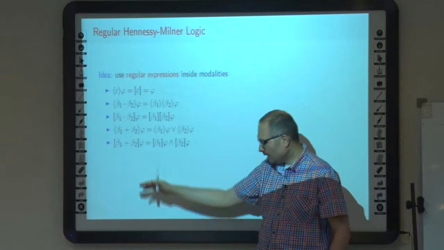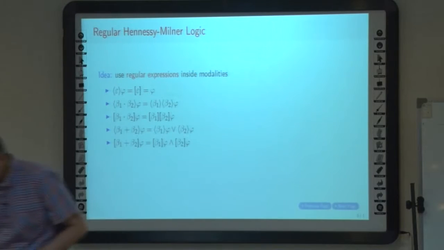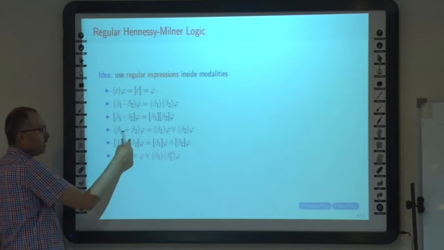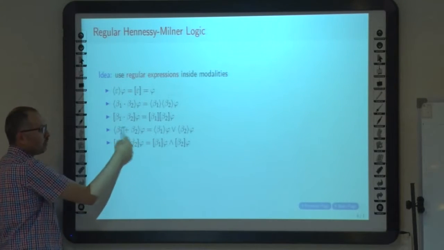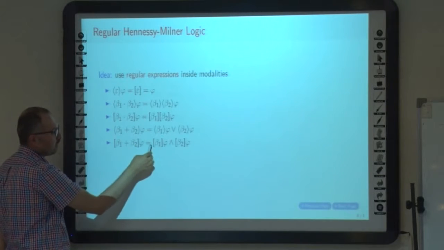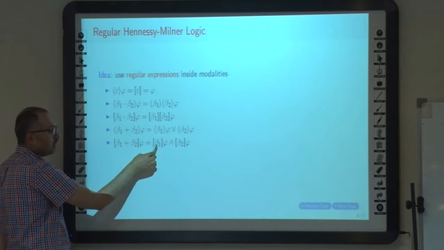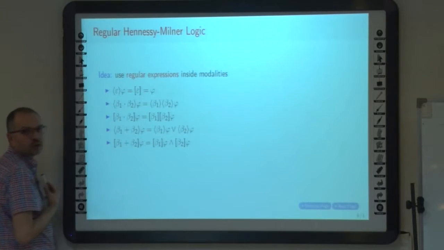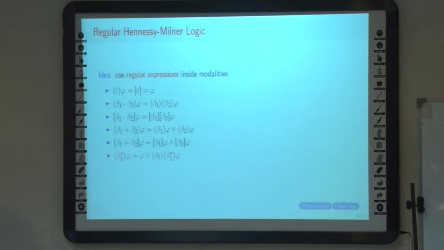And box is dual. That's why you get a conjunction here. No matter how you do something of beta 1 or something that corresponds to tracing beta 2, phi should hold. That is defined to be, no matter how you do beta 1, phi holds, and no matter how you do beta 2, phi holds. Right?